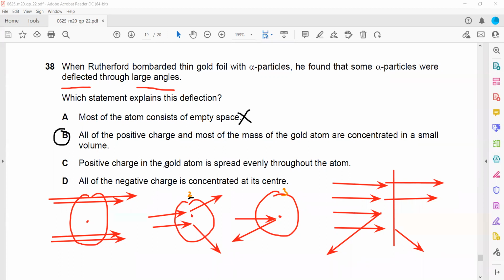The third one, the positive charge in the gold atom is spread evenly, is totally wrong. All the negative charge is concentrated at the center is also wrong, because in an atom we don't have the negative charge in the center. We always have electrons revolving around the nucleus.